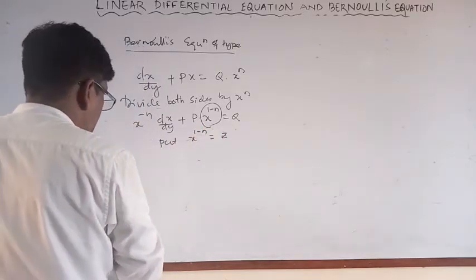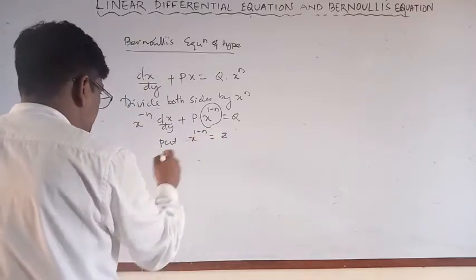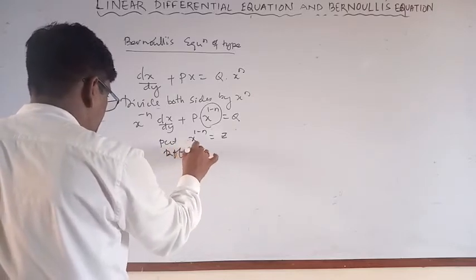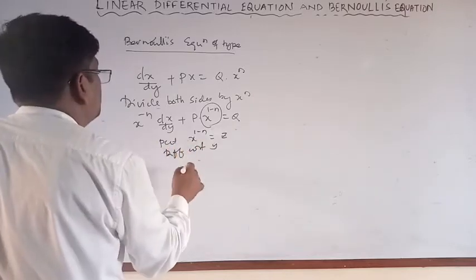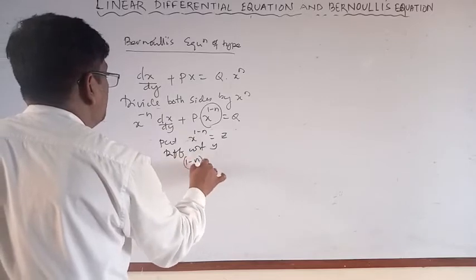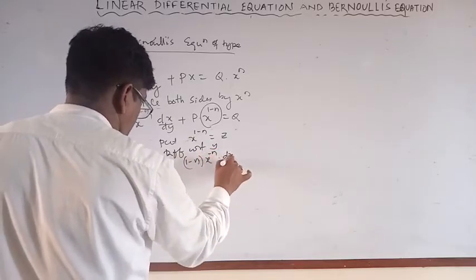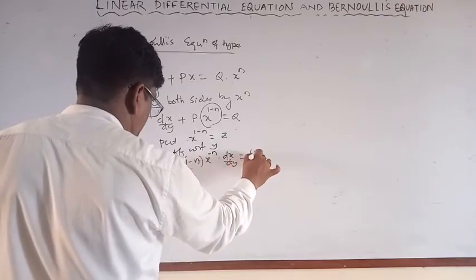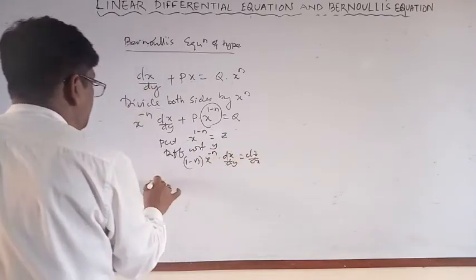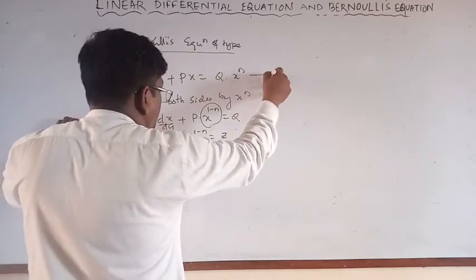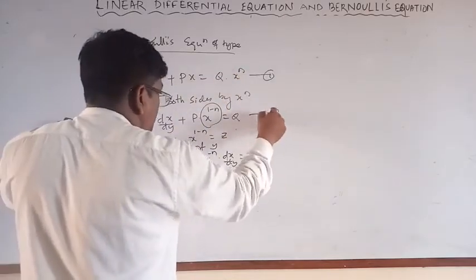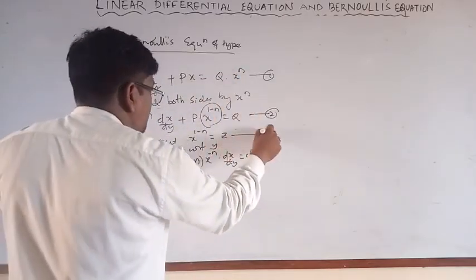Now differentiate with respect to y. So 1 minus n into x to the power minus n into dx by dy is equal to dz by dy. Suppose this is equation 1, this is equation 2, and this is equation a.